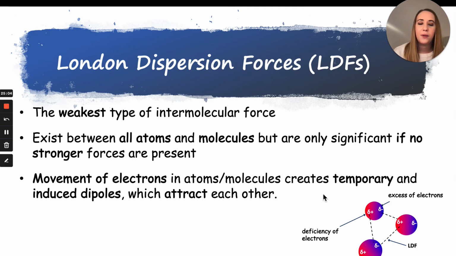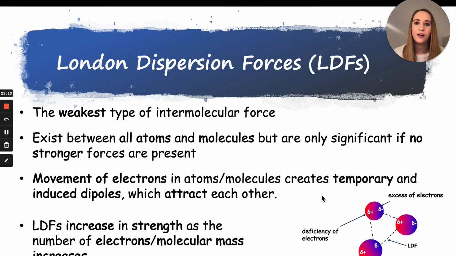Okay, and because these are caused by the movement of electrons, then as you get more electrons in your atom or in your molecule, or as the mass of your molecule increases, sometimes described that way, the more electrons you have, the stronger these forces get. So that can be important if you're considering two substances that only have LDFs, there's no stronger forces, but there's a difference in their melting points, then we would look at, well, how many electrons do they have?